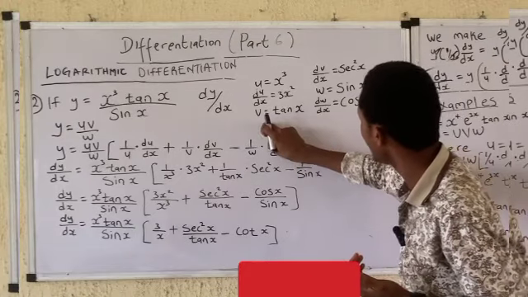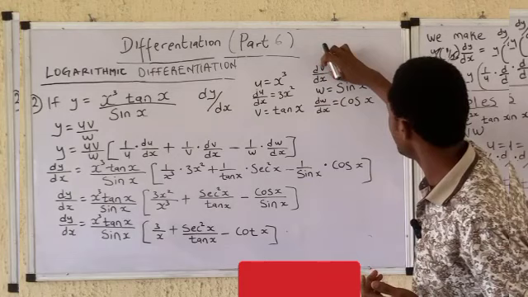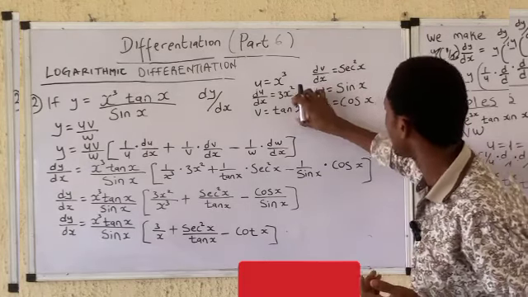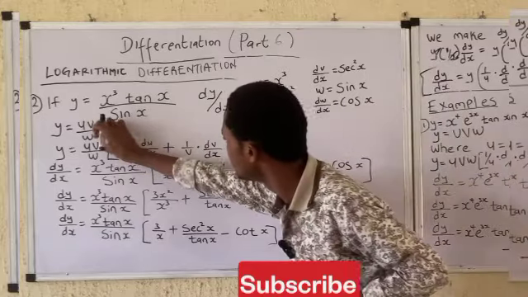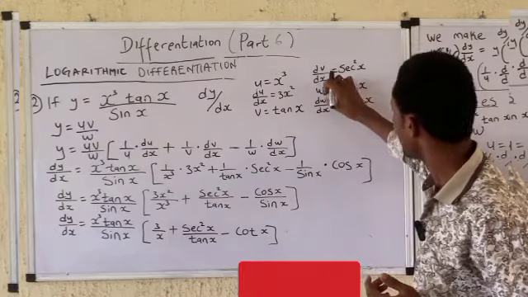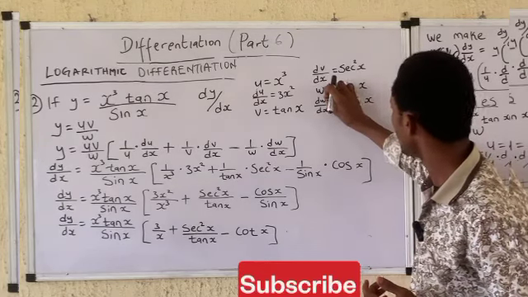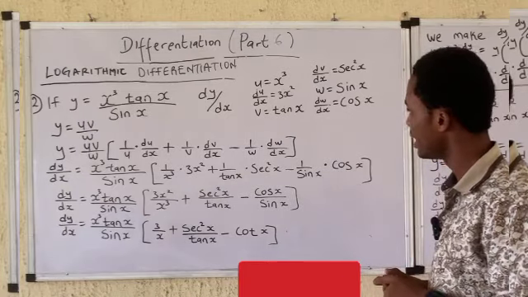Now, our v as our tan. Differentiating this v, dv dx equals sec square x. Now, our w will be our sine. Differentiating sine with respect to x, dw dx equals cos x.